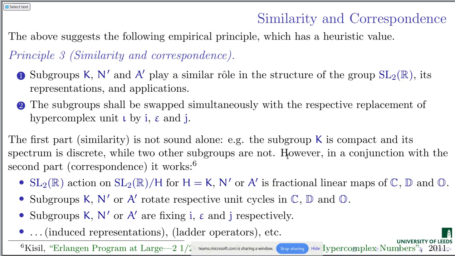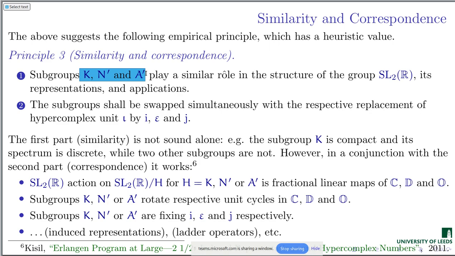Just to summarize what we found during this talk, what I called similarity and correspondence. There is a parallel employment of three subgroups K, N, and A, or with modification N prime, A prime, as we considered here.